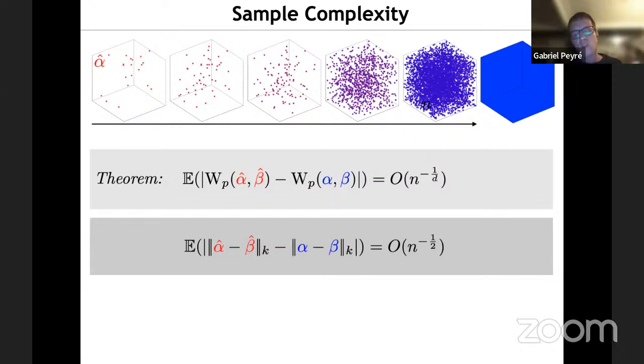Obviously, if you're not even able to compute the Wasserstein distance, you might be in trouble. And the answer is very bad. You can show that for this estimator, and in fact for any estimator computed from n points, the error you make is of the order of 1 over n to the power 1 over d. And it's actually sharp. You cannot really improve over this.